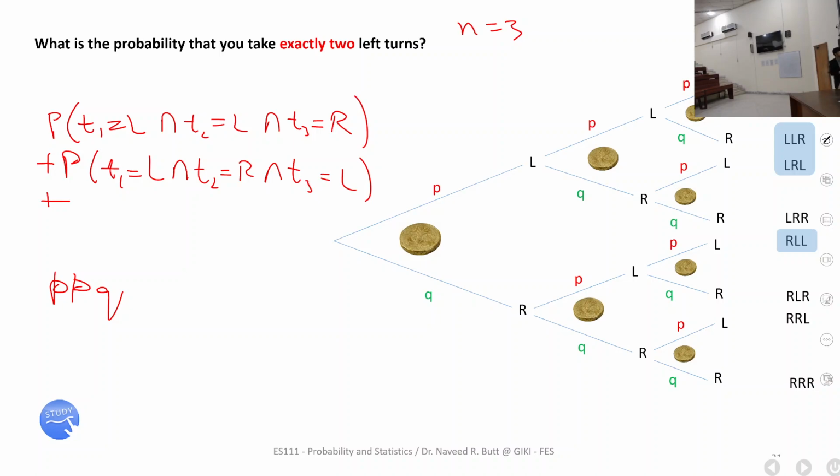So this becomes PPQ, which you told me, but then you missed the plus. PQP and then QPP, but all of these are basically P squared Q, isn't it? So it's 3 P squared Q. Good.